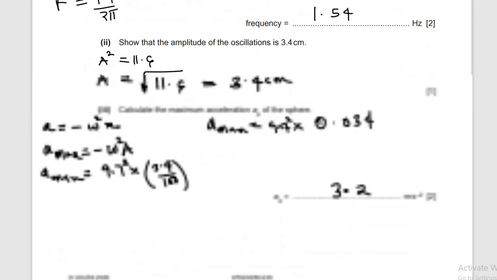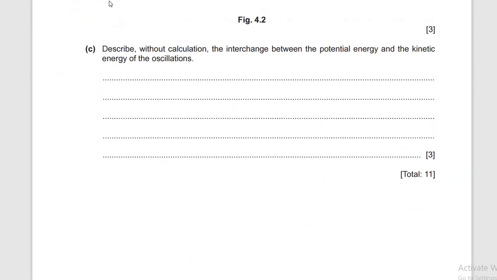Now let's go back. Up is potential energy, that's half kx squared. You know, in a spring, k is m omega squared. So potential energy will be half m omega squared x squared.